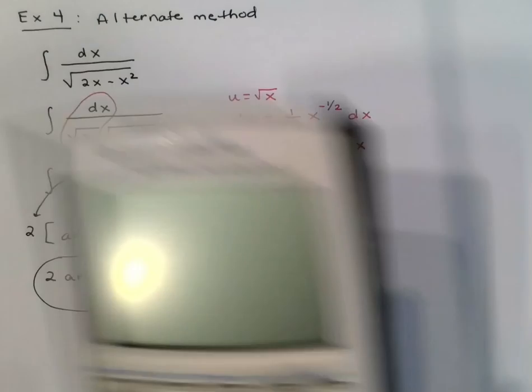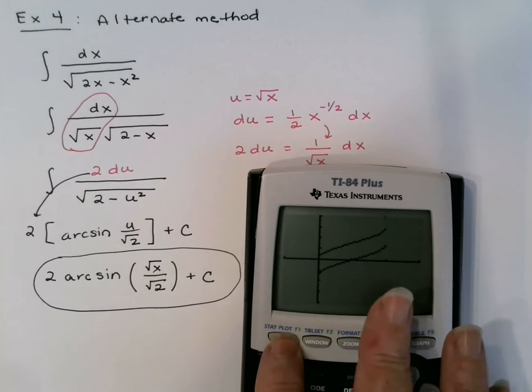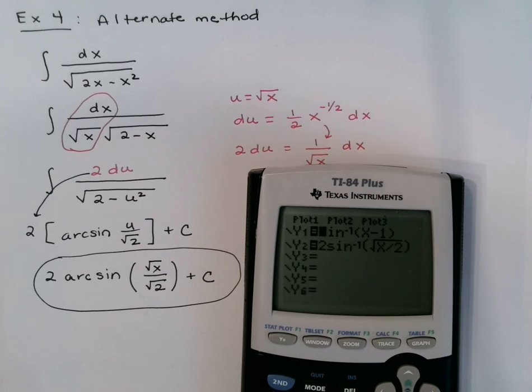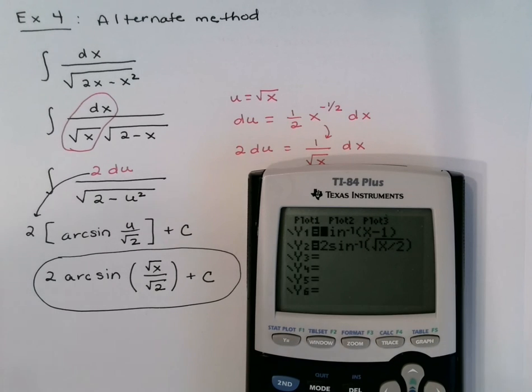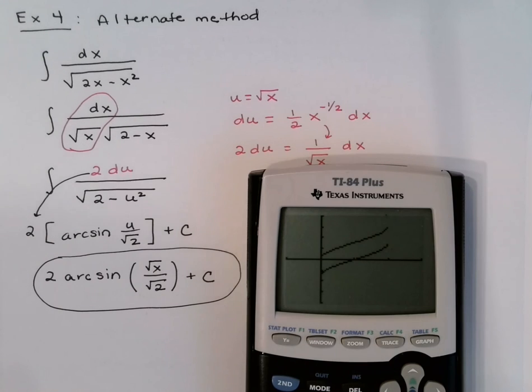I'm going to graph both of those answers. In fact, I think I already have. They're right here. Top one is the first answer we got, the arc sine or inverse sine of x minus 1. And down here is the second answer, the one we just got, 2 times the arc sine of the square root of x over 2. Going to the graph, look what happens.